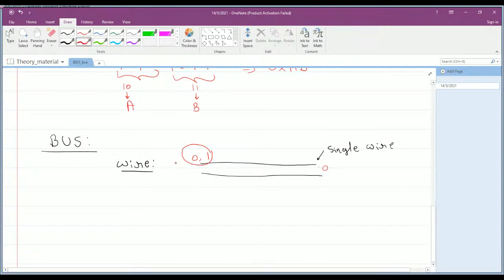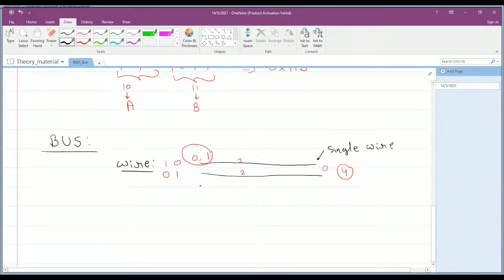Each wire can carry two different pieces of information, 1 or 0. So with two wires, the total information they can carry is 2 to the power 2, because one wire can contain two pieces of information, and the other can also carry two. So the total is 4. That means 4 different combinations of bits can be carried.